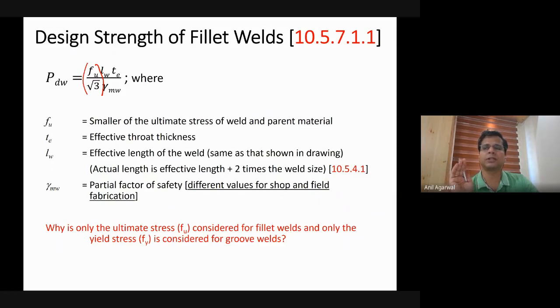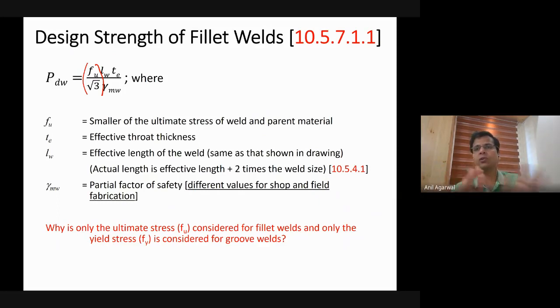I want you to think about it, and maybe in the next class you can try to answer why for a fillet weld we are taking the Fu value, but for a groove weld we are taking the Fy value. For a fillet weld, the code requires you to take Fu divided by root 3, assuming that the failure is governed by shear only.